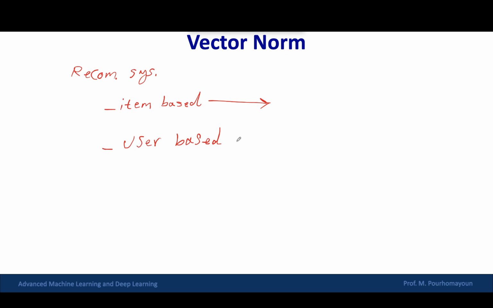The user-based approach is different, okay? So you purchase something, and it recommends you to purchase something because other users that are similar to you did the same, okay? So, for example, you purchase a camera, okay?